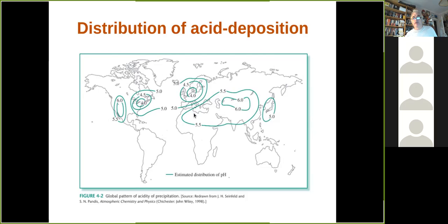Africa and South America and Siberia have no information, neither does Australia, but I think one can connect acid deposition with inhabited areas of the world. Everywhere where there is some combustion of wood or coal or oil, there will be a small addition of sulfurous compounds to the atmosphere.